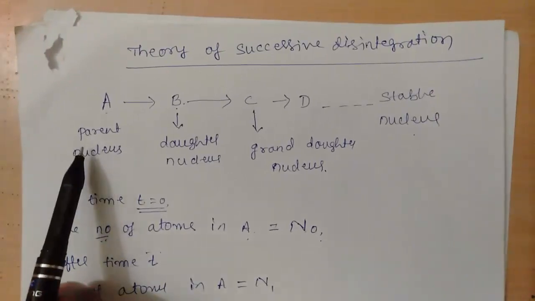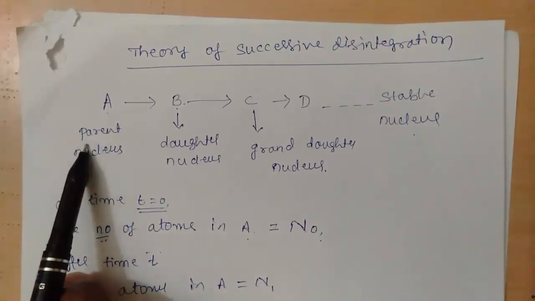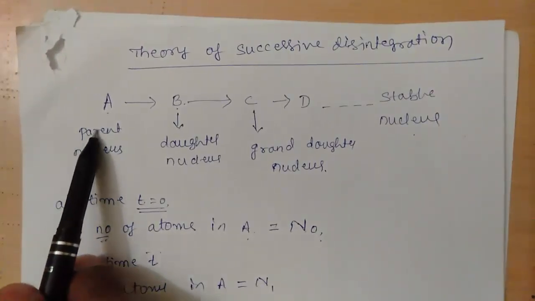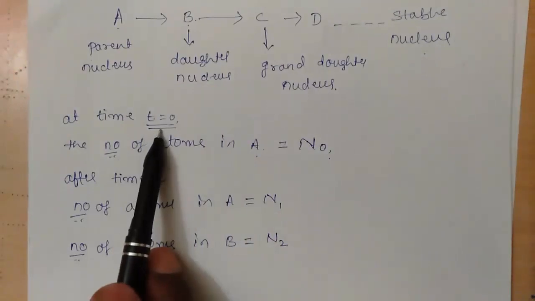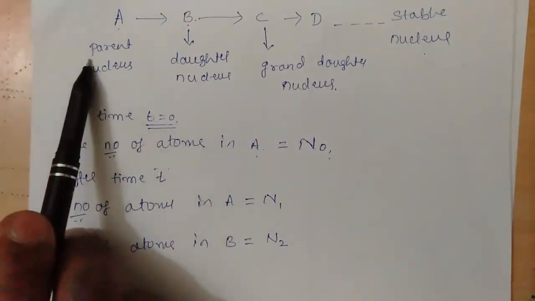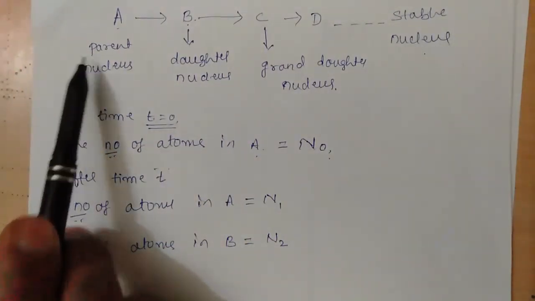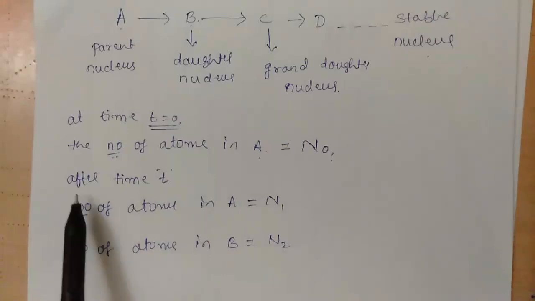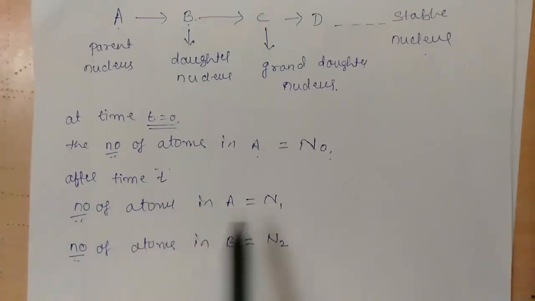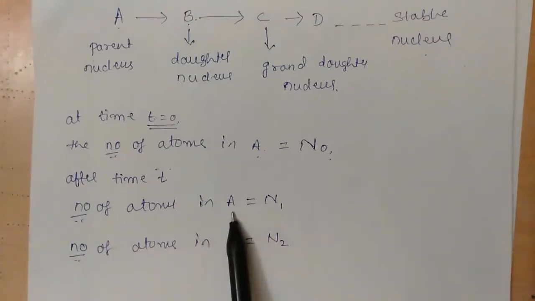Why? Because once this parent nucleus starts decaying, it will be transforming into another nucleus or another element. So initially at time t is equal to 0, that is before the decay of this parent nucleus, the initial number of atoms was n naught. Now as the time elapses, after a time t, this parent element A is getting decayed.